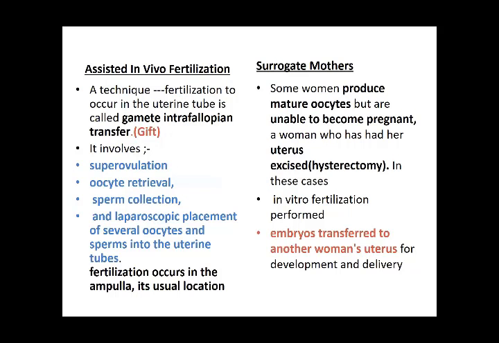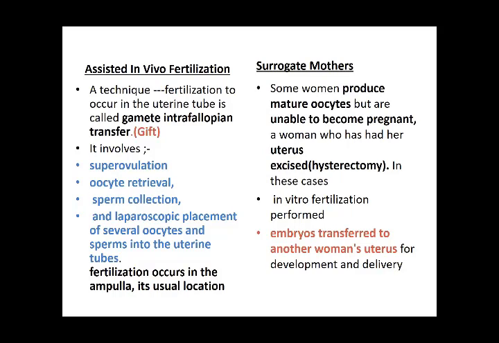Another assisted technique is called GIFT. The term is gamete intrafallopian transfer, done at the level of the gametes. It is a technique for fertilization to occur in the uterine tube. So the abbreviation is GIFT. It's not the other gift that you give. It involves superovulation, releasing many ova. Ova are removed, sperm is collected, and several oocytes and sperms are placed laparoscopically into the uterine tube.